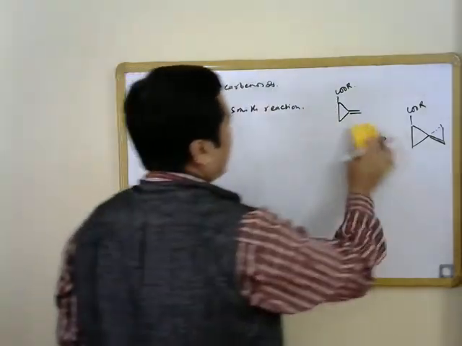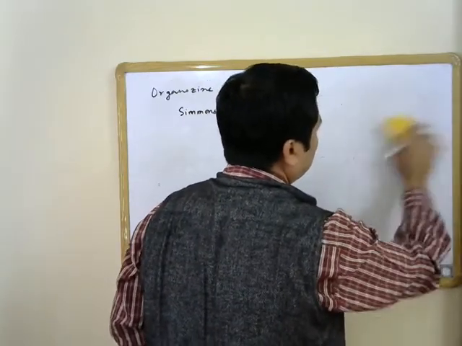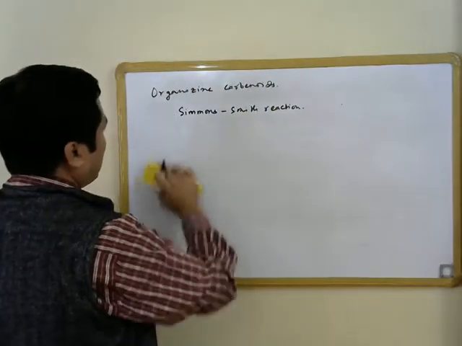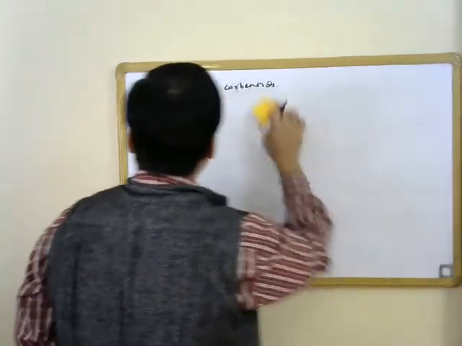Such organozinc carbenoids are also used for ring expansion of aromatic compounds actually.